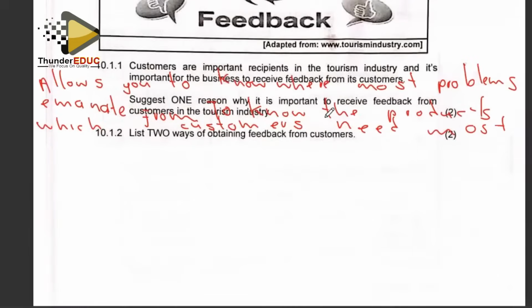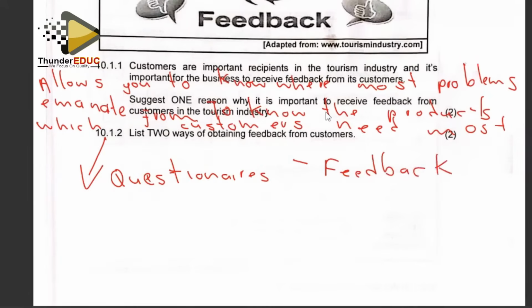Now, the next question reads, list two ways of obtaining customer feedback from our clients. So this can be done through several methods. Questionnaires, which can be completed by customers. Then we also have feedback cards. Then in addition to that, we have web-based responses.